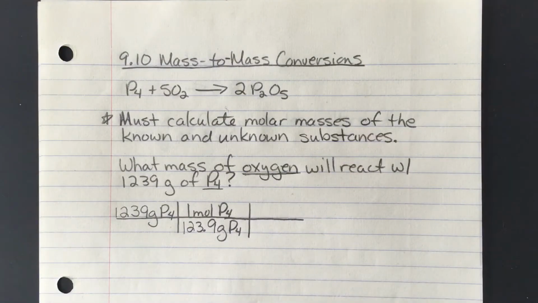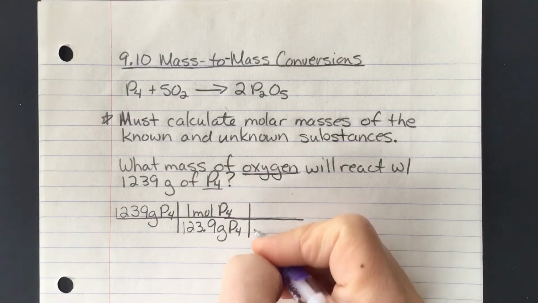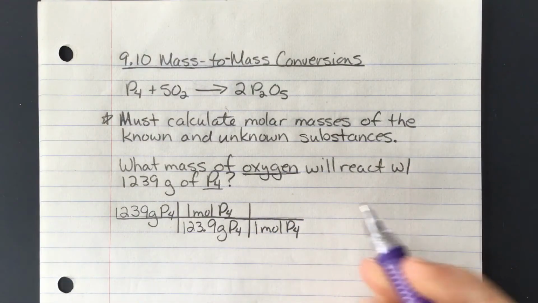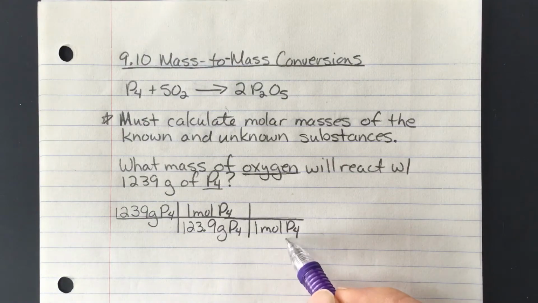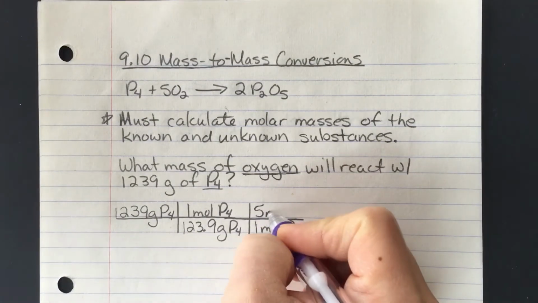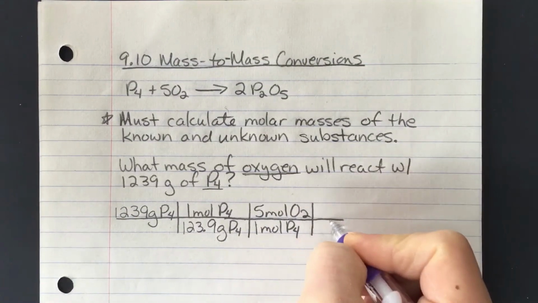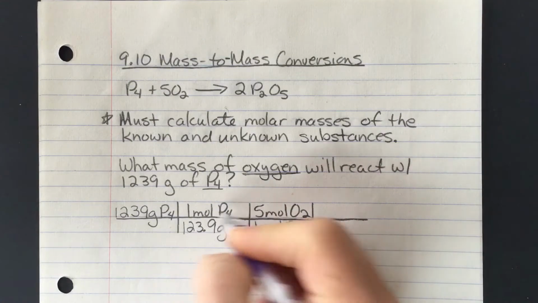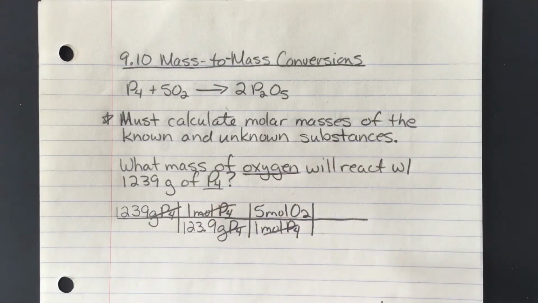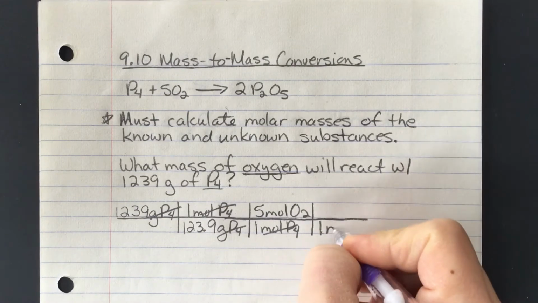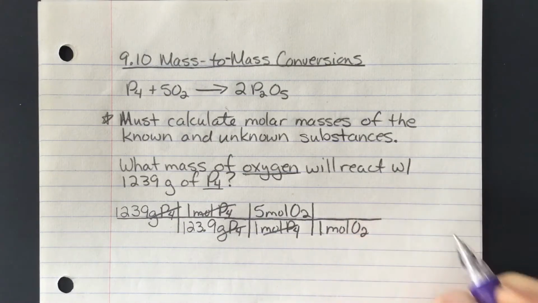And now I'm able to use my equation to convert from one substance to another, because I know that 1 mole of P4 will react with 5 moles of oxygen. Now, crossing these out to make sure that I'm canceling, I know that 1 mole of oxygen has a molar mass.